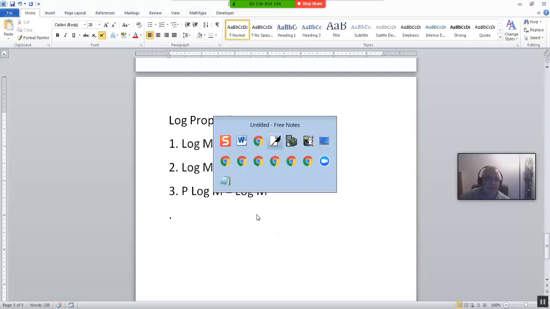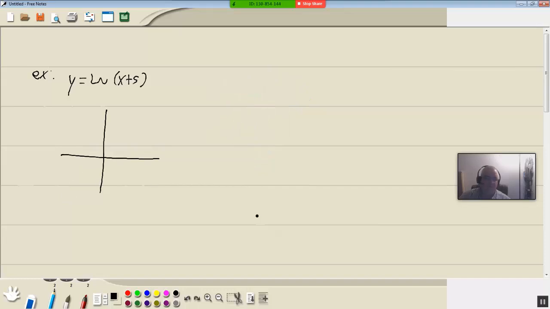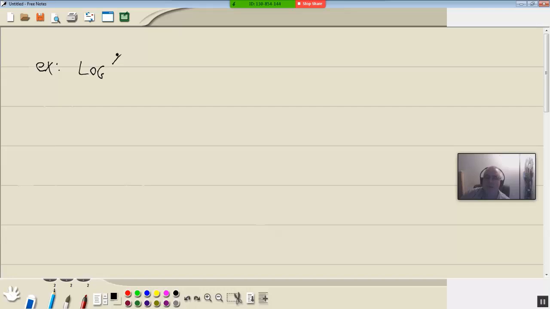Okay, so let's take a look at an example. Say we've got log of x squared y to the third over z to the fifth. Now we want to use our properties to rewrite this such that it's split up. It's no longer a single log, but multiple logs.